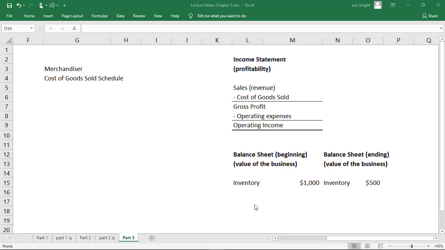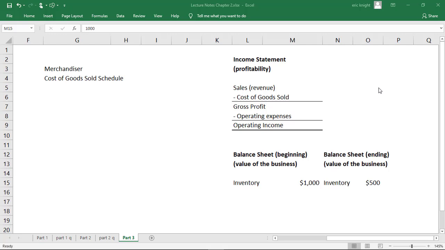So here's our business. Let's say we're a skateboard business. We have a retail shop where we sell skateboards to people, and we have inventory at the beginning of the year of $1,000, right? So this goes with the beginning of the year. And then we have inventory at the end of the year of skateboards that we have in our shop.